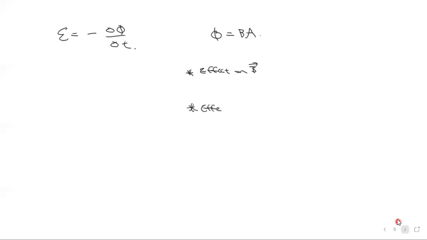If it has an effect on A, it can have an effect on phi. And if you have an effect on t, then it can have an effect on the rate, which therefore means it will have an effect on the EMF. So thinking about it this way, the effect on t would be like the velocity that we were talking about. It changed the time involved. The effect on B was, for example, the magnet strength in our earlier one. You can think of the number of turns maybe as an area, like you just got more area.